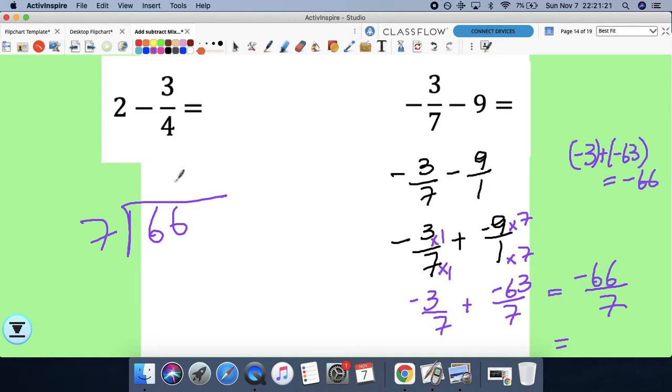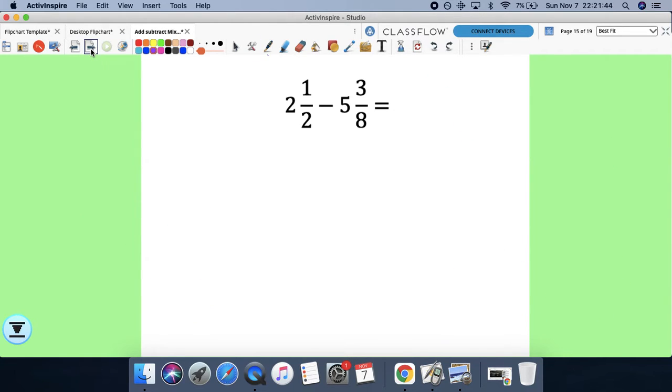No. It goes into 66 9 times, which is 63. Subtract, 3 left over. So negative 66 over 7 is 9, that number 9 over here. How many left over? 3 left over, over 7. But don't forget, all that is negative.